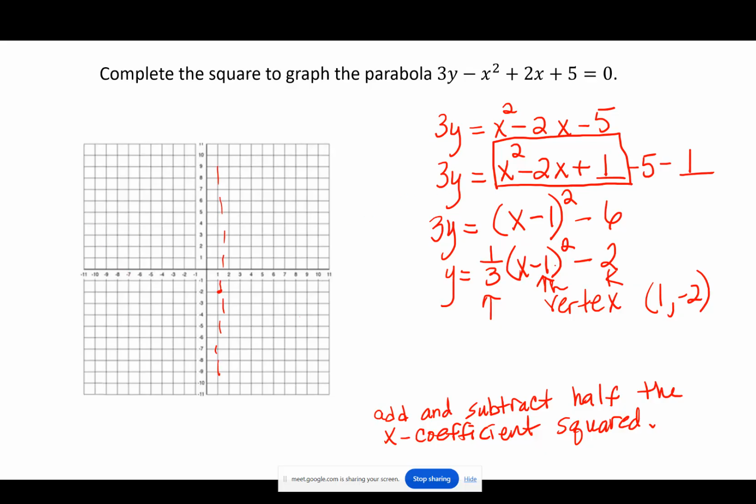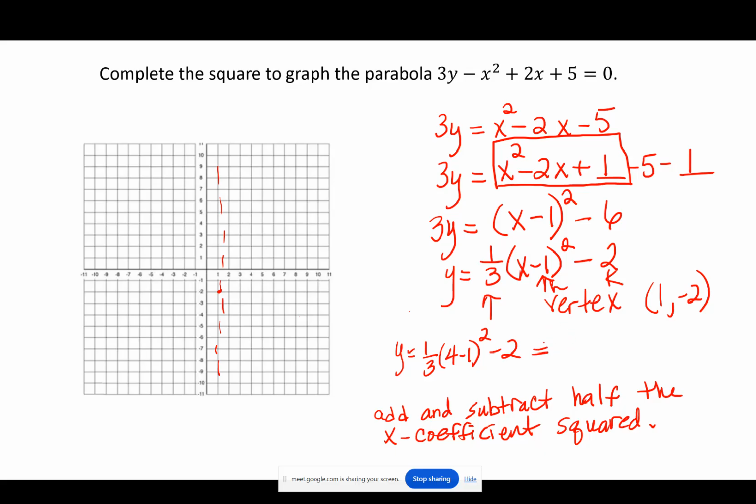So I'll try a value that is easy. If I put in something that when you square it will be divisible by 3, that's my best option, because that way I don't end up with any fractions. So if I put in 4 for x into my equation, I'll have y equals 1/3 times (4 minus 1) quantity squared minus 2.